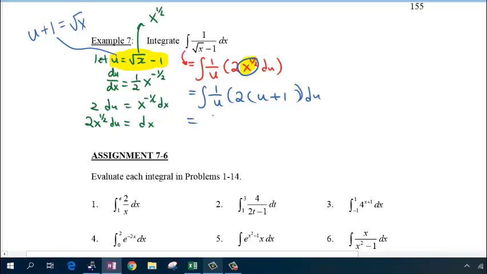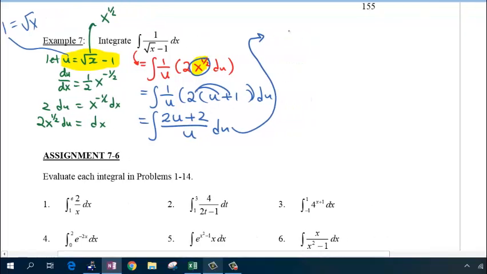So let's see, that's 2u plus 2 over u du. So I distributed that and put it in the numerator. Be nice if you can separate this into 2 separate functions. I'm thinking now 2u over u du plus 2 over u du. The first one just simplifies to 2. Nice.